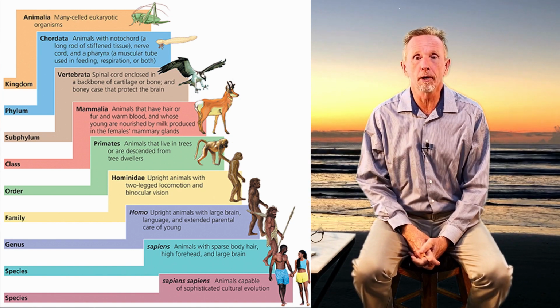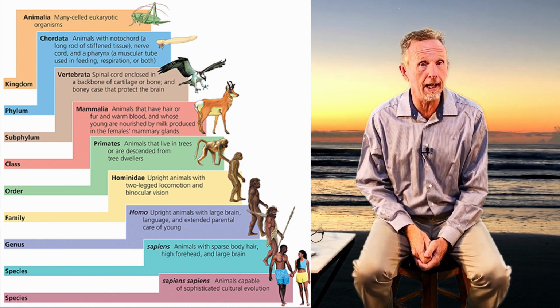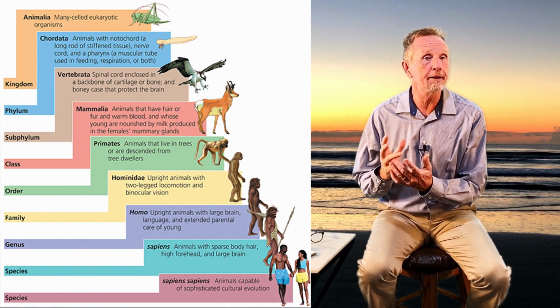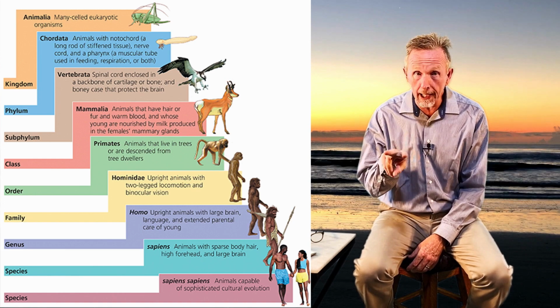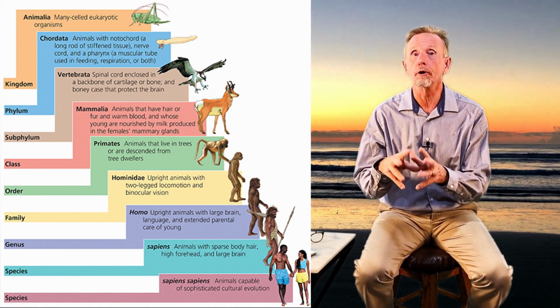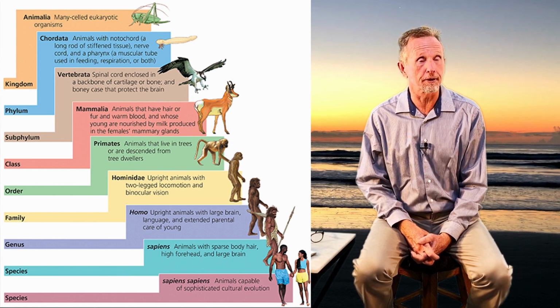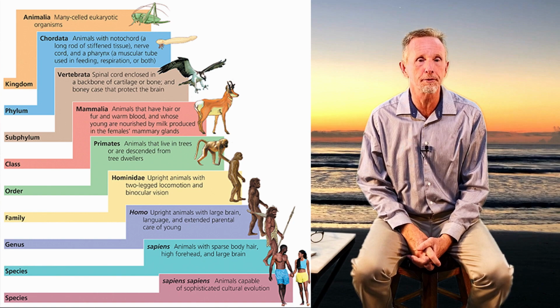Primates, this involves most apes and monkeys in existence today, along with anything in the hominid family. Hominids are animals that use two-legged locomotion, propulsion. And we have some animals, lemurs, etc., that tend to stand up and run on twos for locomotion.